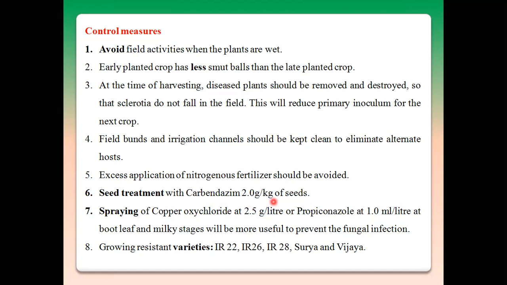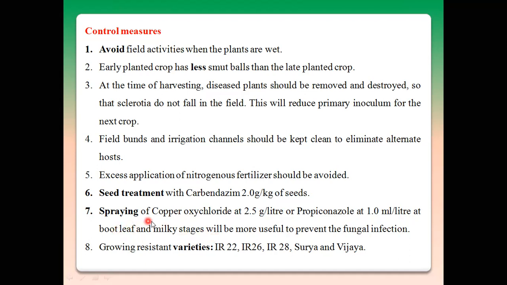Suppose infection has already developed in the rice plant. Then immediately spray the rice field with copper oxychloride at the rate of 2.5 gram per liter or propiconazole at the rate of 1 ml per liter at boot leaf stage and milky stage.